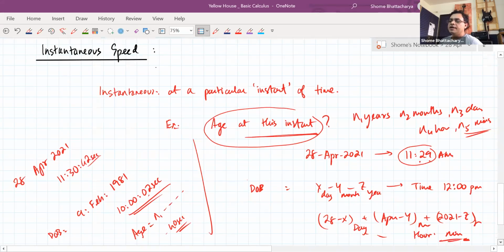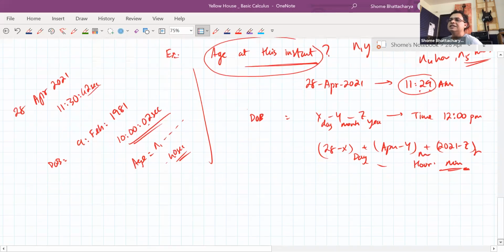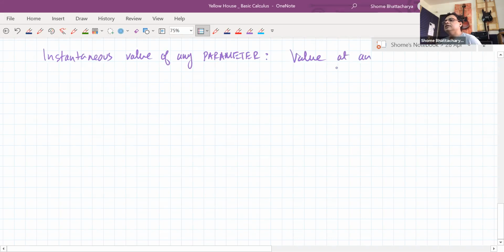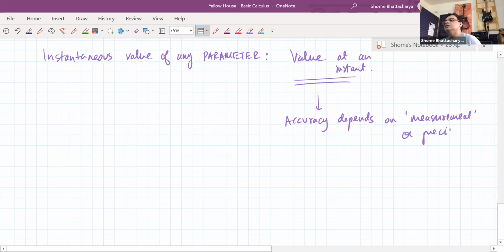So it becomes a matter of measurement. Whenever we express something instantaneously, the instantaneous value of any parameter is the value of that parameter at an instant, and the accuracy of this measurement depends on how precise we are in doing the measurement.